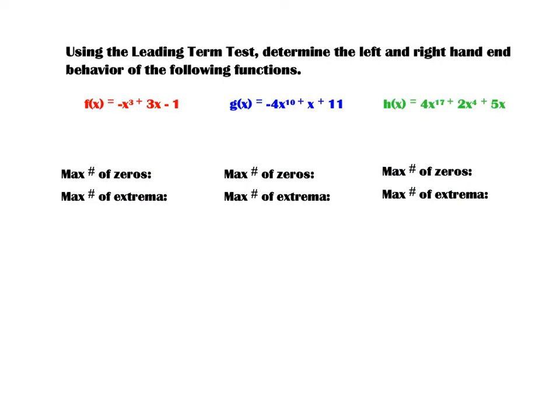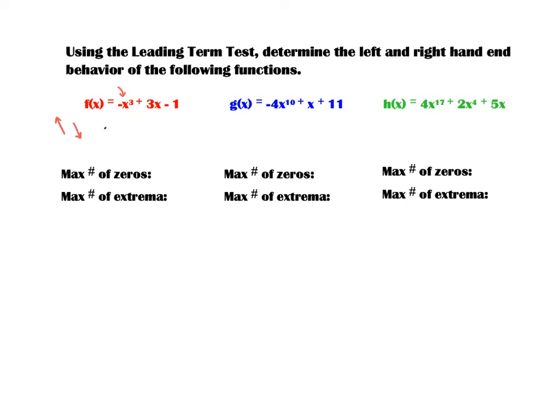Okay, in this next slide, we're going to use the leading term test to determine the left and right end behavior of the following functions. So here I've got a negative odd. Negative odd will tell me the following: up to the left, down to the right. So I'm going to introduce you here to limit notation, a notation that helps us speak mathematical language.